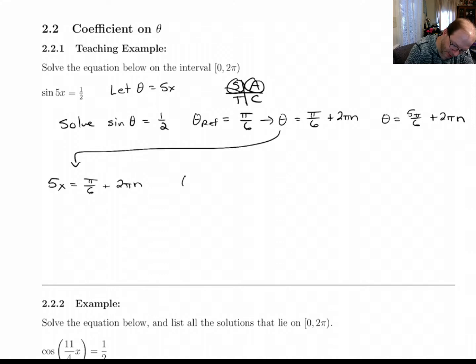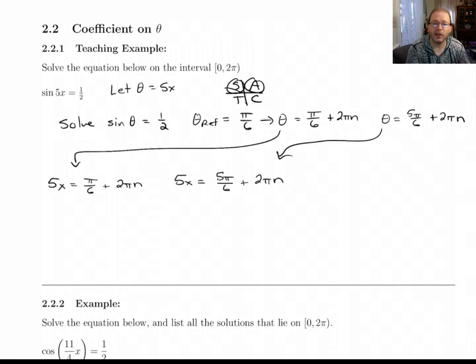And the other one becomes 5x equals 5 pi over 6 plus 2 pi n. So we get these, and then we're solving for x, so all we've got to do now is divide everything by 5.